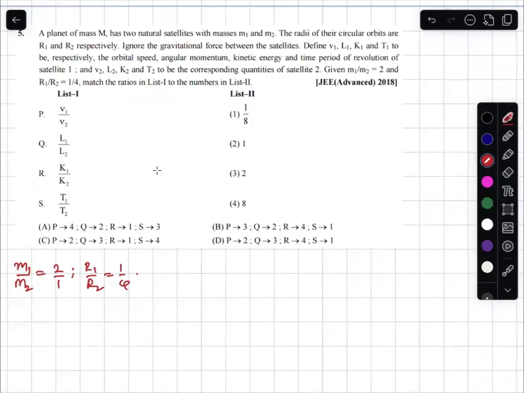No. The orbital velocity formula is root of G mass of Earth by radius. Therefore, V1 by V2 is root R2 by R1, which means root 4 by 1, which means 2 is to 1.